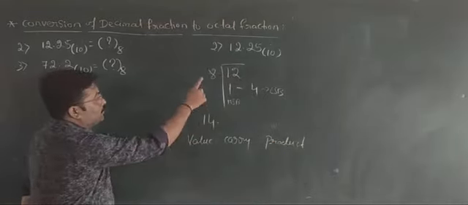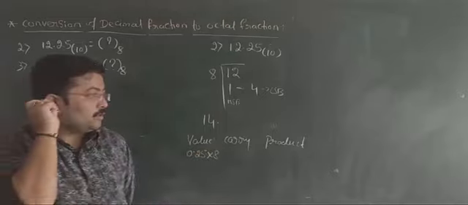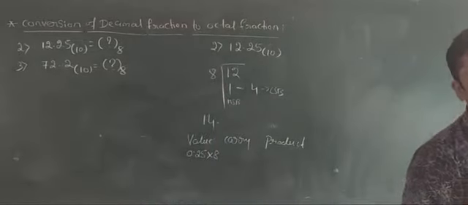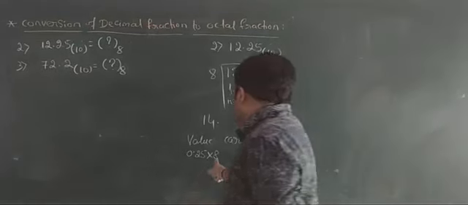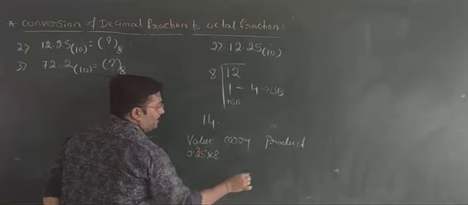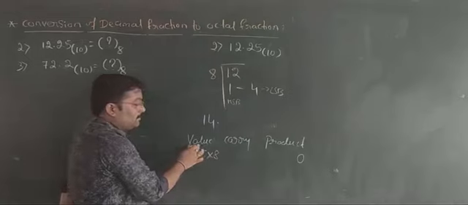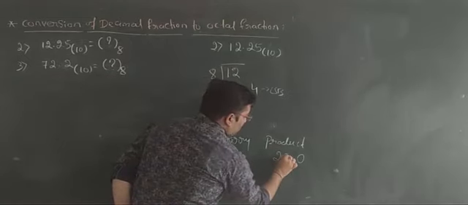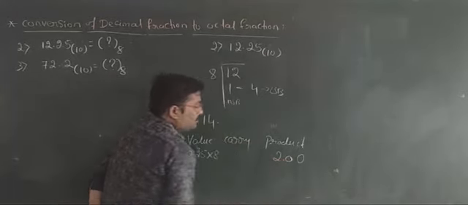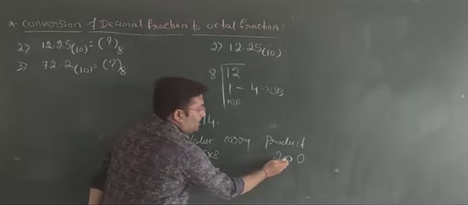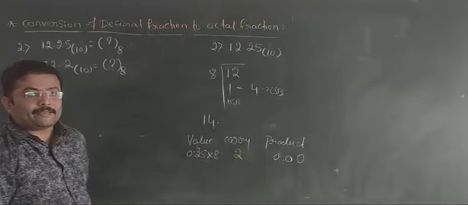Next, the decimal fraction should be taken as value, carry and product: 0.25. Step 1 to convert a decimal fraction to an octal fraction is to multiply the given decimal fraction by 8. 8 fives are 40, so 0 remainder with 4 carried. 8 twos are 16, plus 4 is 20. After the decimal point there are 2 digits, so this is my product value, but 2 is written in the carry column.